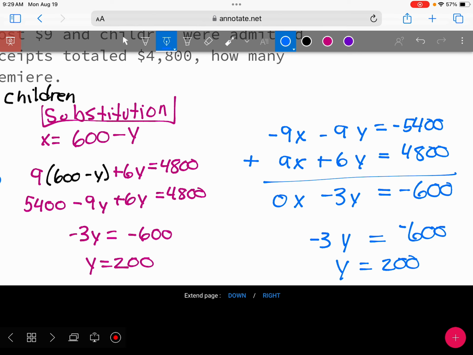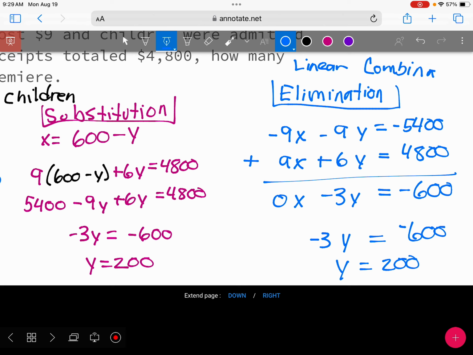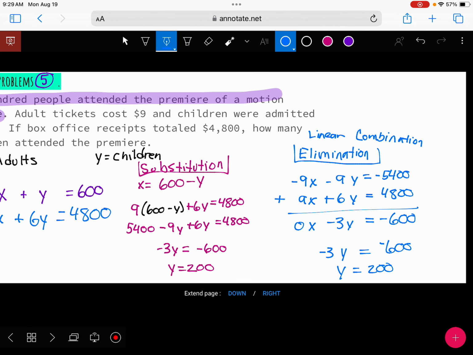Option 2 is either called elimination, or it might have been called linear combination, depending on who you learned it from, but it means the same thing. This is combination. This is where you take our two equations and you multiply one of them.